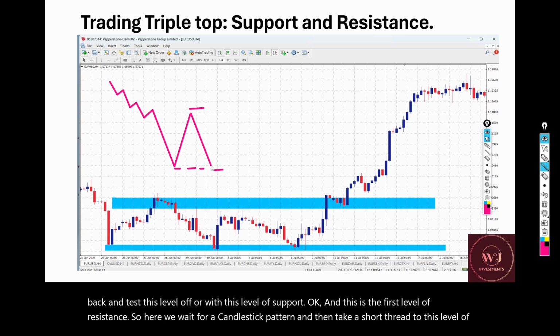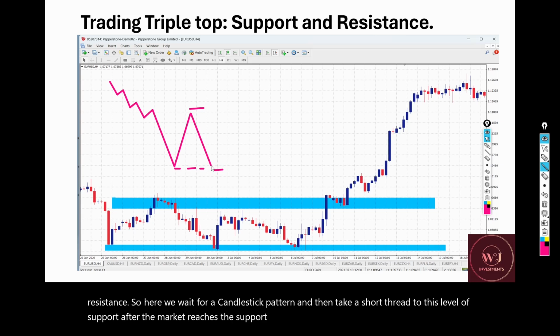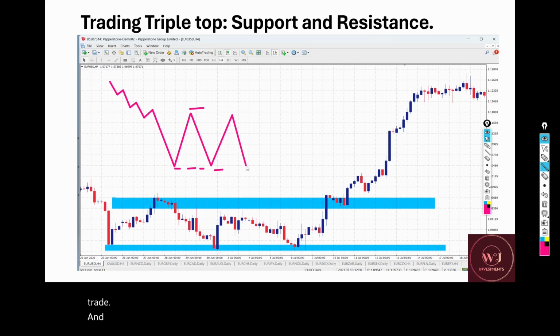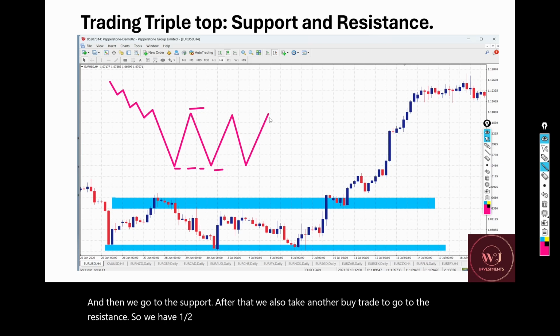After the market reaches the support level, we wait for a candlestick pattern and then take another buy trade to the level of resistance. After hitting the resistance, we take another trade and then we go to the support. After that, we also take another buy trade to go to the resistance. So we have 1, 2, 3, 4 trades only.